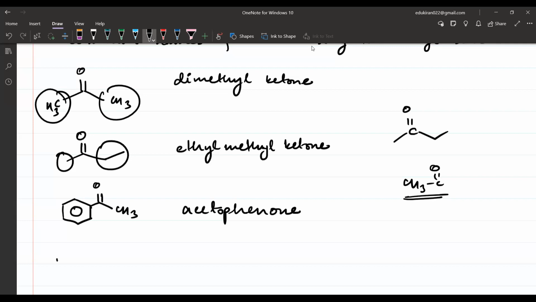If you have a benzene ring, C double bond O, and then again a benzene ring, this is known as benzophenone.